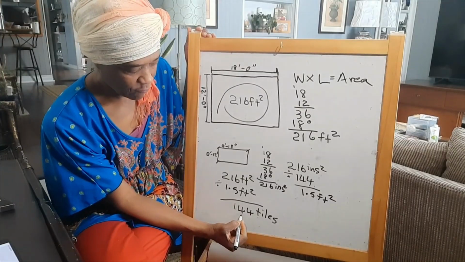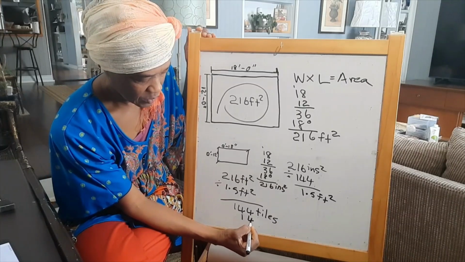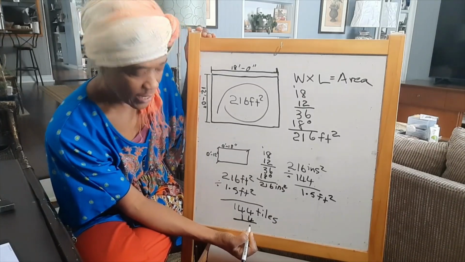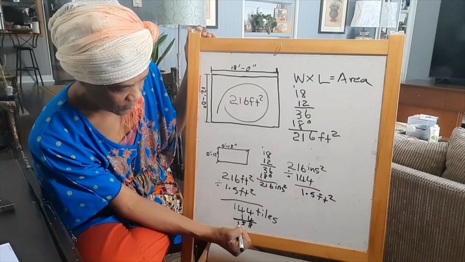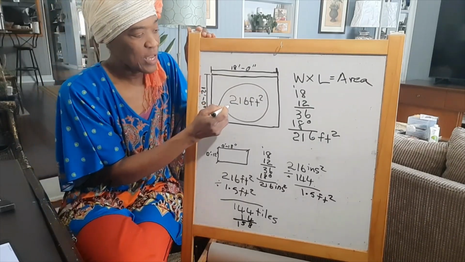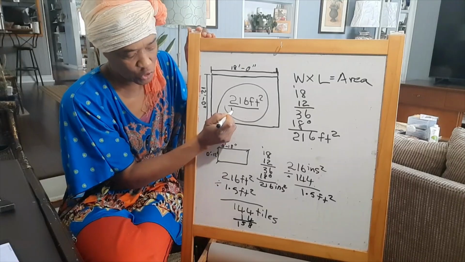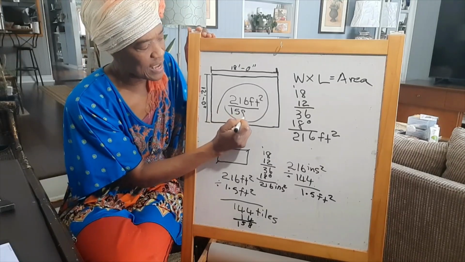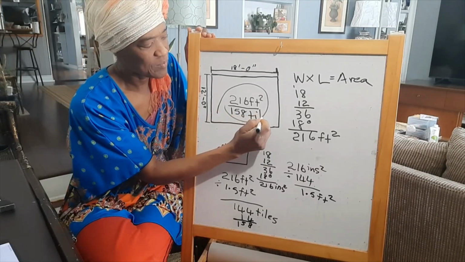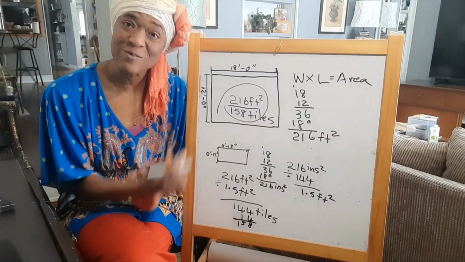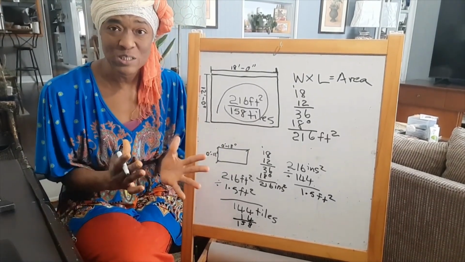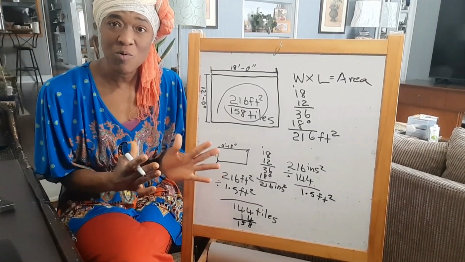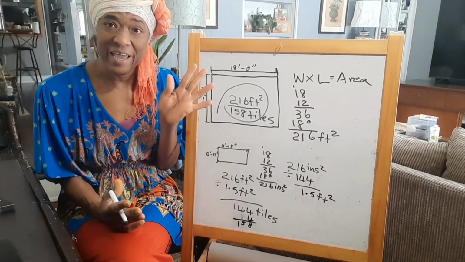So we'll add 14 to the 144, and that's 158. So we will need 158 tiles to finish our space, and that is accounting for any boo-boos, any broken tiles.